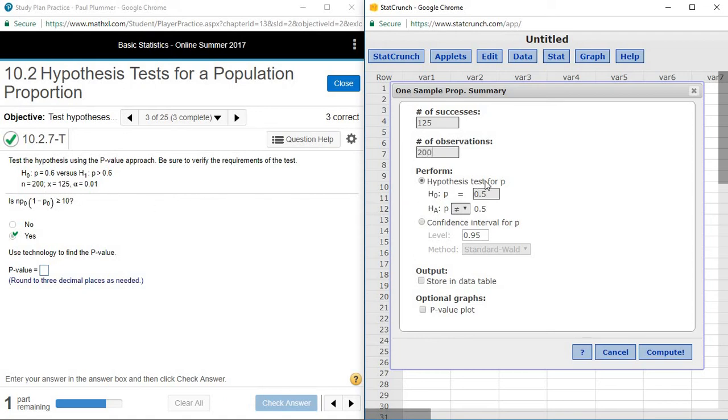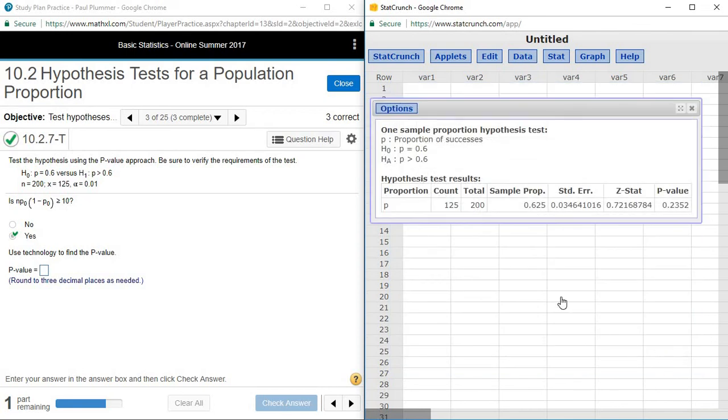We're now performing a hypothesis test rather than a confidence interval, so we need to make this look like our hypothesis. We want the null to be 0.6, and the alternative is greater. Once we've done that, we can press compute.